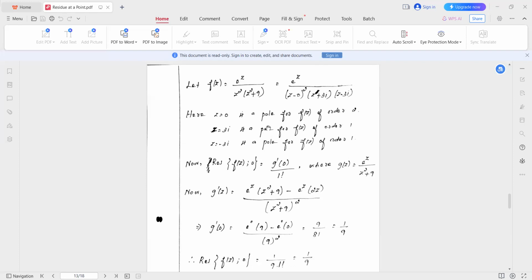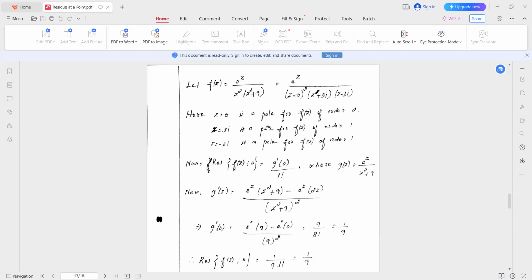What is formula 4? If f of z is equal to g of z by z minus a the whole power m, then the residue at the point a is equal to g power m minus 1 of a by m minus 1 factorial. Here we have the order as 2. So therefore, the residue of f of z at the point 0 is g dash of 0 by 1 factorial.